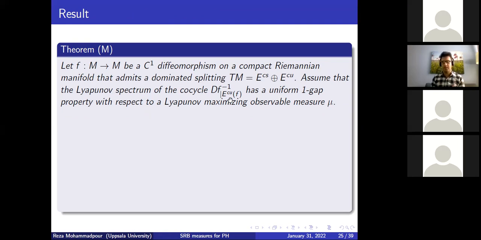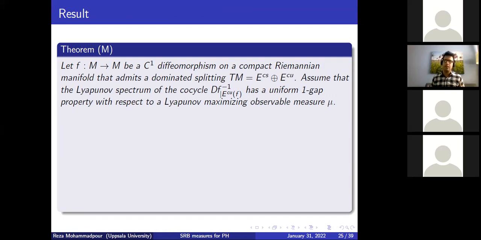I take the inverse, then take the derivative restricted to the E^cu direction. Then I'm saying that this cocycle has the uniform one gap property with respect to the Lyapunov maximizing observable measure. So for this cocycle, there exists a Lyapunov maximizing observable measure, as I explained.